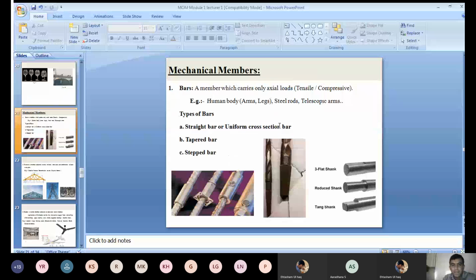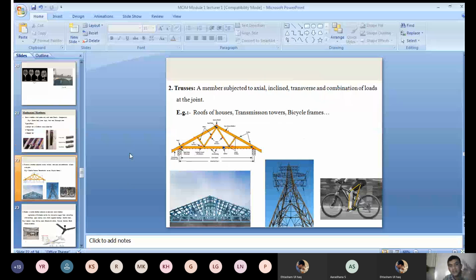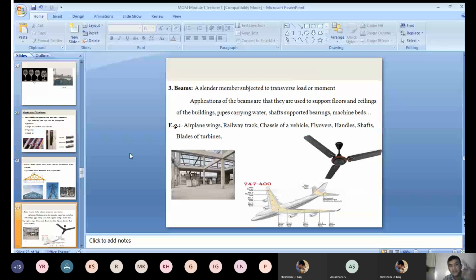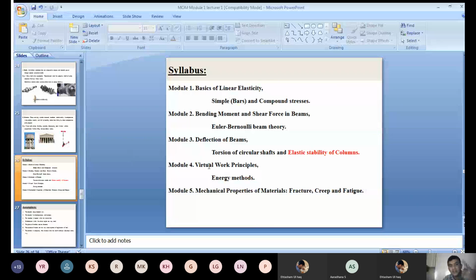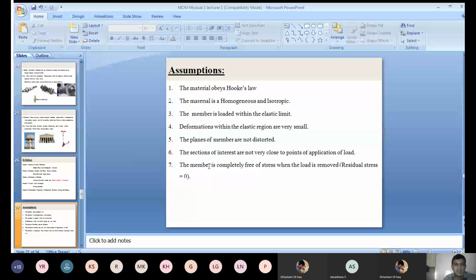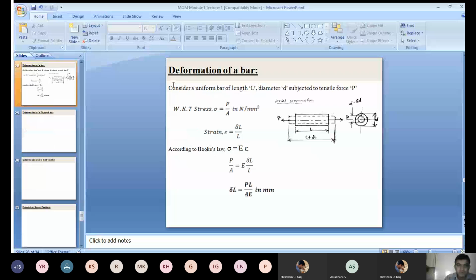In today's class we also discussed mechanical members such as bars, trusses, beams, shafts, columns, and the syllabus. From the next class onwards, we keep one rough notebook and go for derivations. In the first module we consider the bar, a mechanical member.